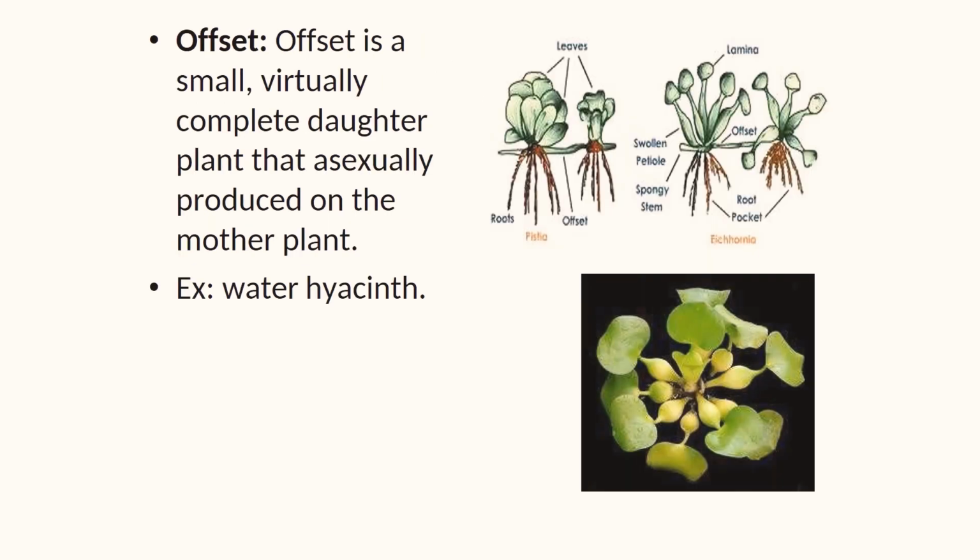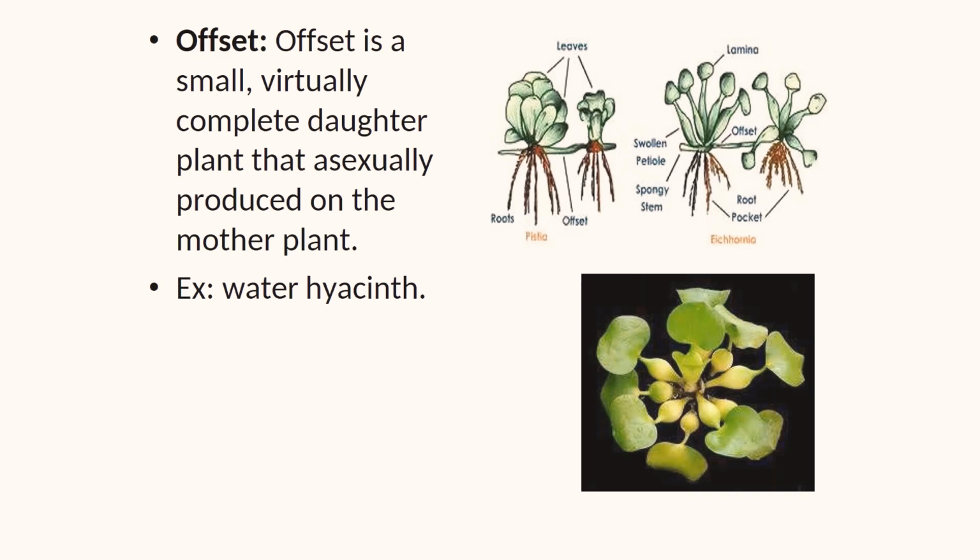Next is offset. Offset is a small, virtually complete daughter plant that is asexually produced on the mother plant. They are generally found in aquatic plants.